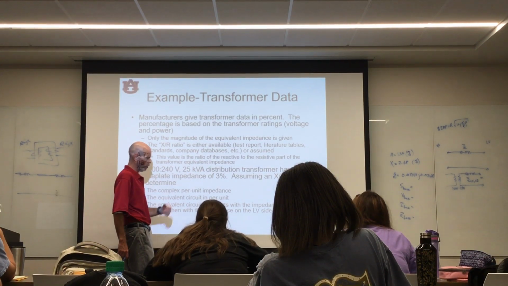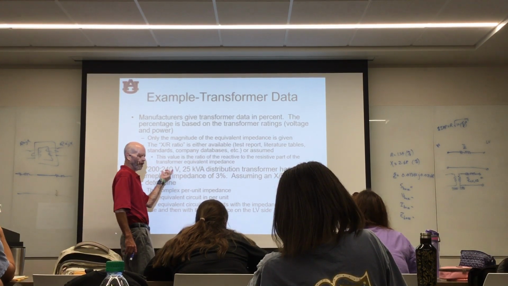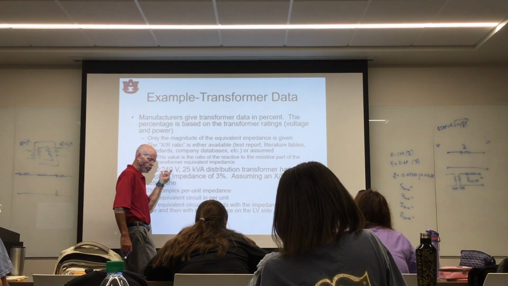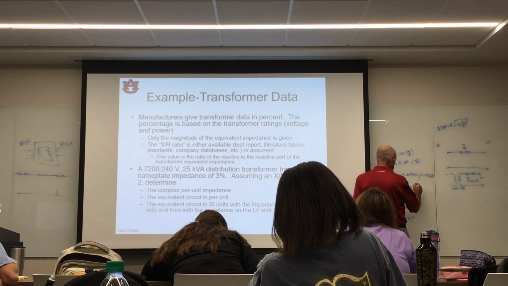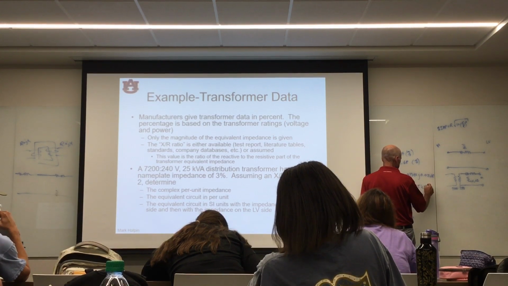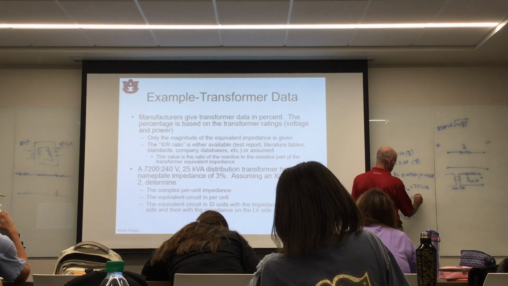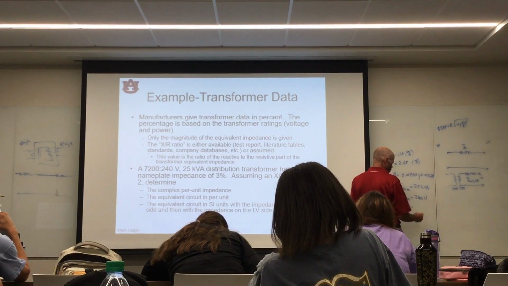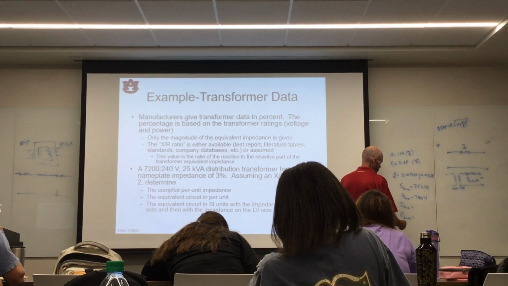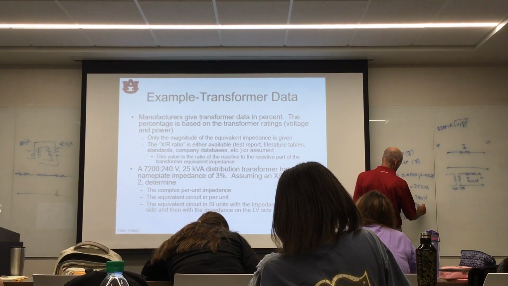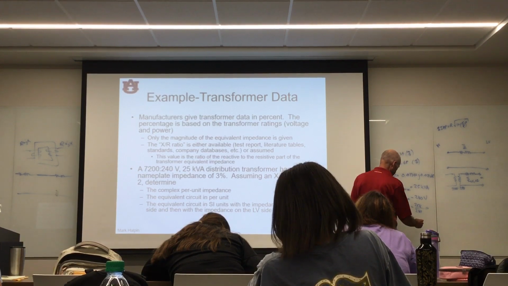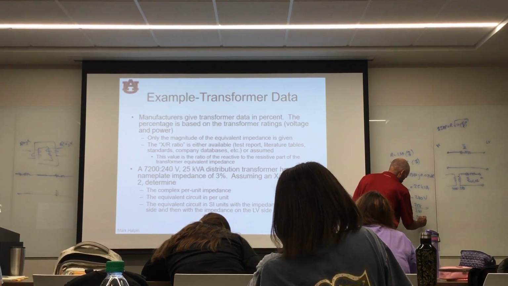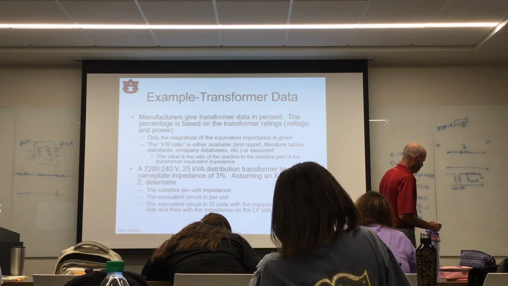We're working on the low side now, so the base they used was that low side voltage, 240 volts in this case. So S base remains as before, 25 kVA. The voltage base on the low voltage side is 240 volts. The current base, now we have to calculate 25K divided by 240. The impedance base is going to be 240 divided by what you're going to tell me in a minute for the current base.